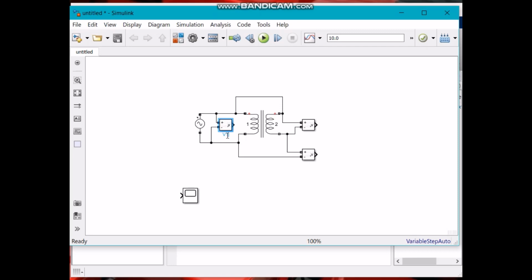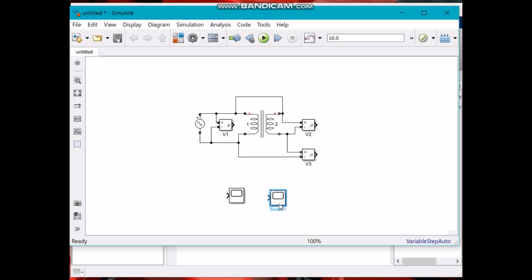This is V1. This is V2, and this is our V3. Okay, we need 3 scopes.